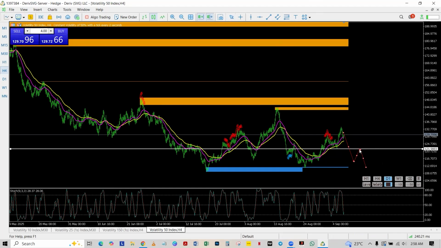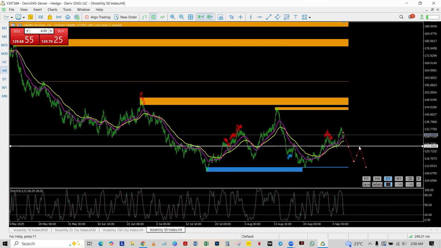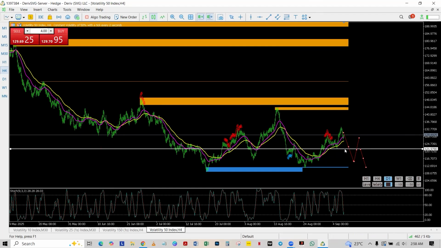There's a probability that this entry might spike a little bit upwards. So whichever way it goes, I know that as long as this white line here has been broken, all I'm looking for is for this entry right here, for the end of this pullback.